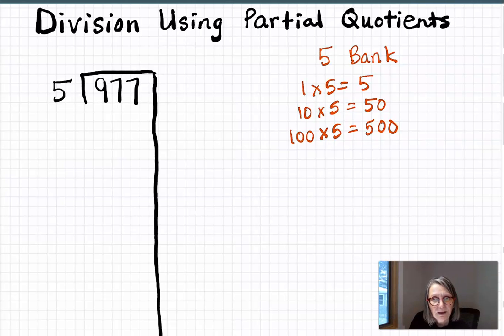I could do 1,000 times 5. You see the pattern right there. I'm getting larger. But when I look over at this number right here, 977, 1,000 times 5 would be much too large. So I'm going to stop right at 100 times 5.